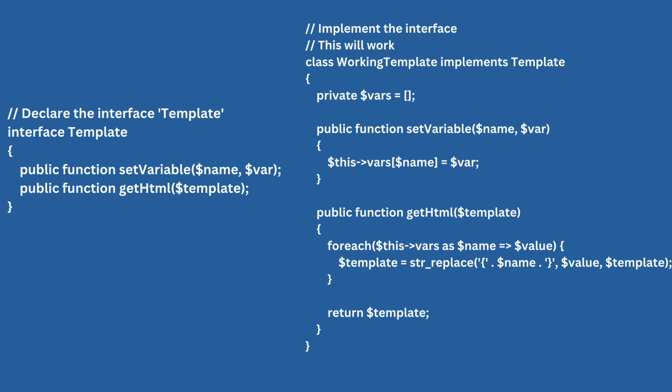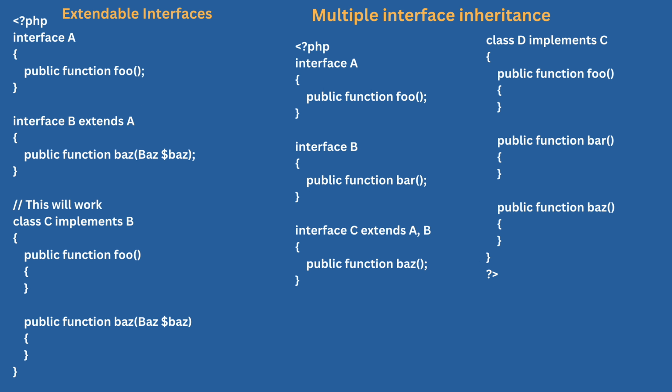Clear or still confusion? Let us see another example. Interfaces are also extendable. Like there is an interface A and the method is this. I can create another interface B, which will also include this method.